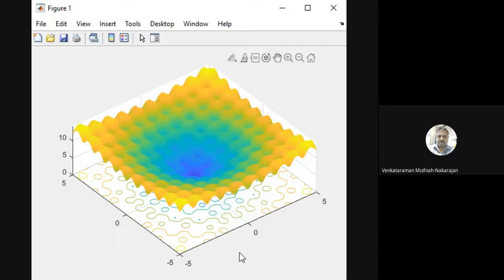If it has multiple dimensions, then you cannot visualize. But the idea in 2D carries up to n dimensions. Okay. So I will show you one more function. That is the last one.